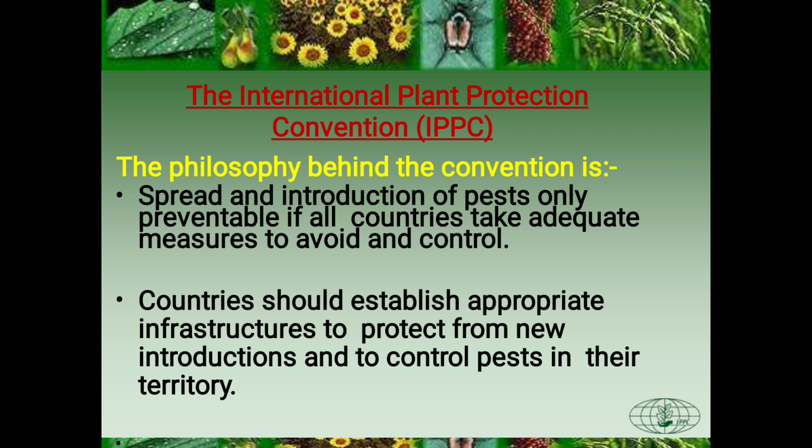So the introduction, spread or establishment of such a pest is avoided if all the countries take proper, adequate control measures. IPPC provides the basic rules and regulations to all plant quarantine stations and other countries to avoid the spread of such exotic pests.